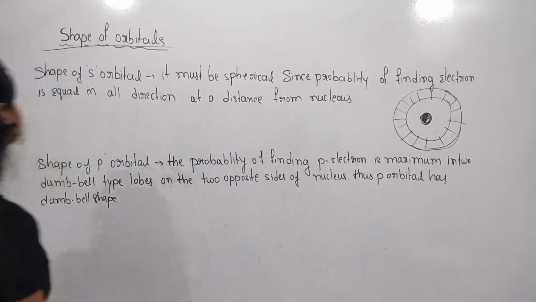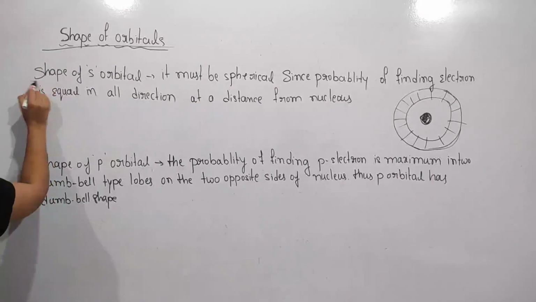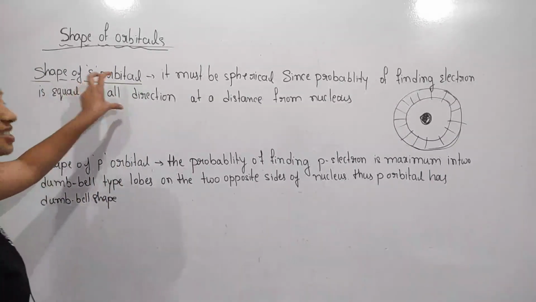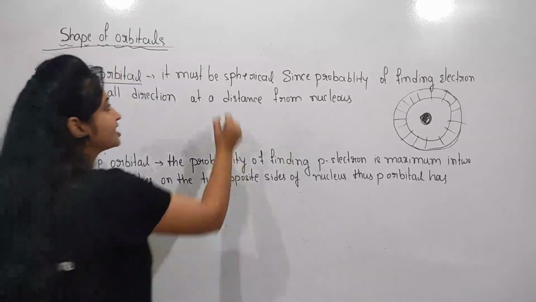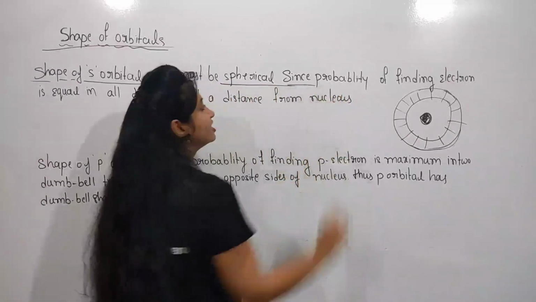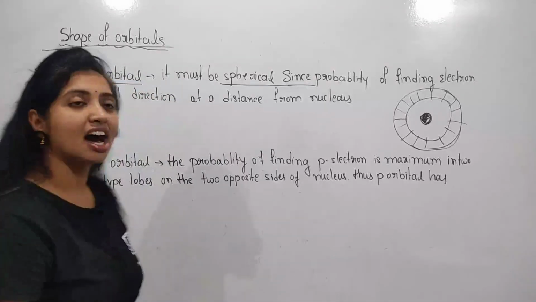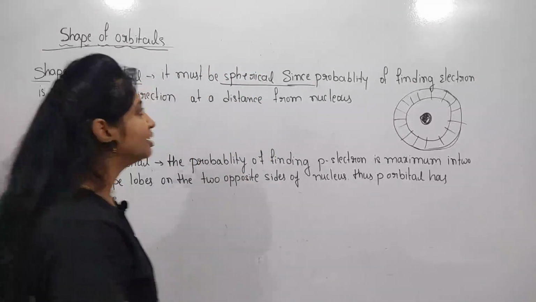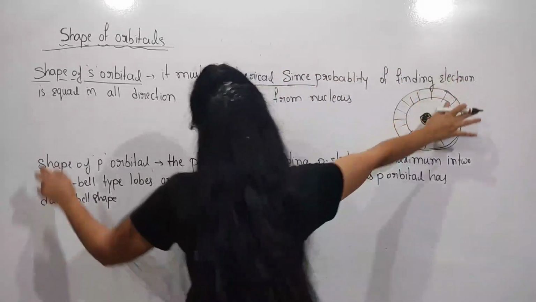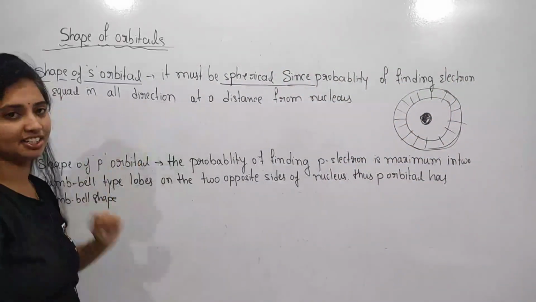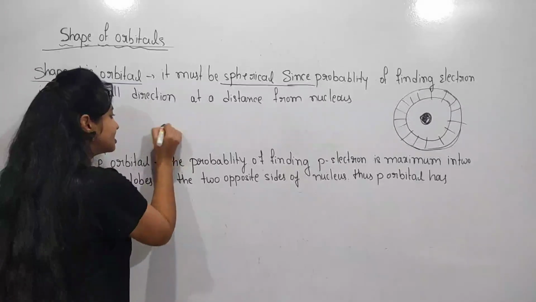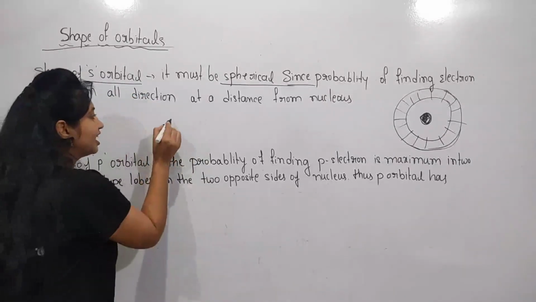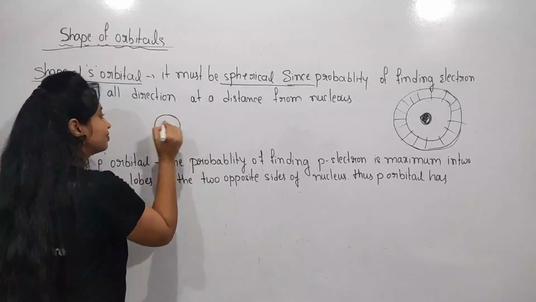First, I wish to discuss the shape of an s orbital. The shape of an s orbital must be spherical. Why? How do we know the orbital is spherical? The probability of finding an electron is equal in all directions. Consider this is a nucleus and around this nucleus we have some space.